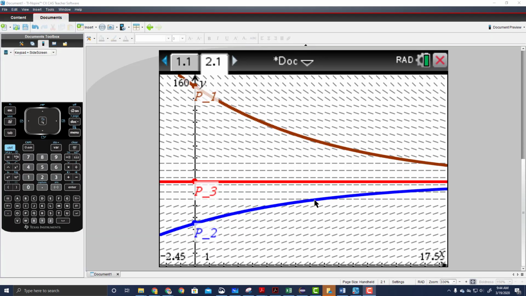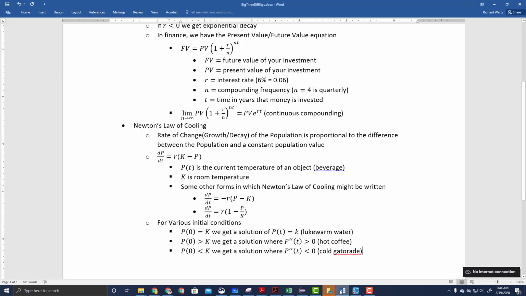And one of the things you notice about each one of these solutions is that as time approaches infinity, the particular solution approaches our room temperature here, that constant K. So we'll put that in as a note.